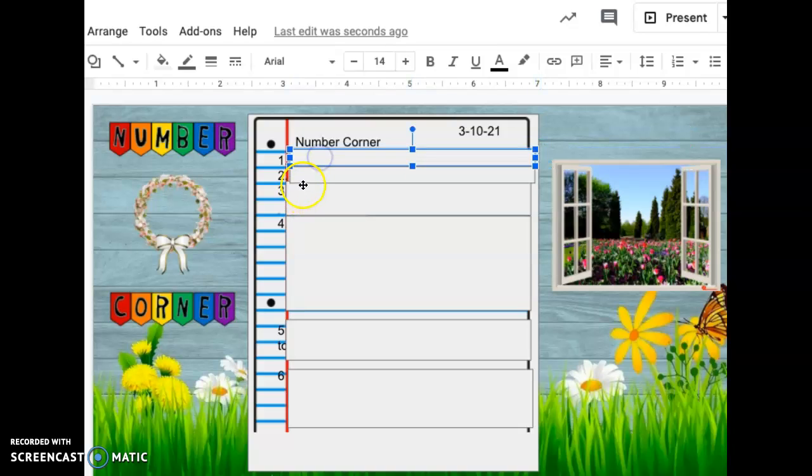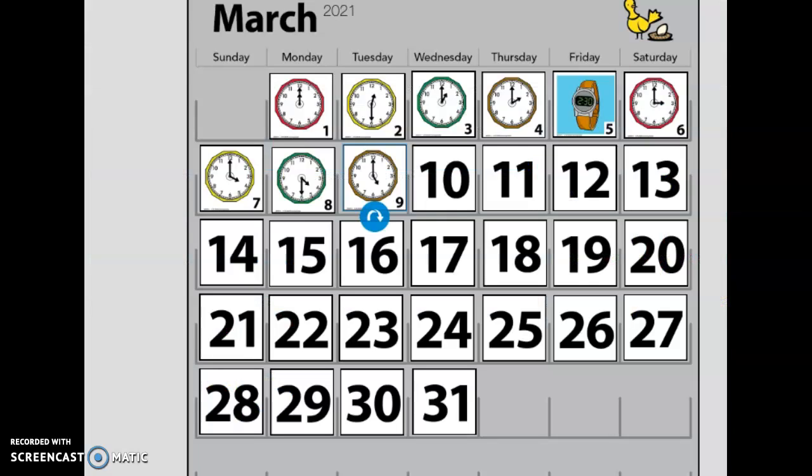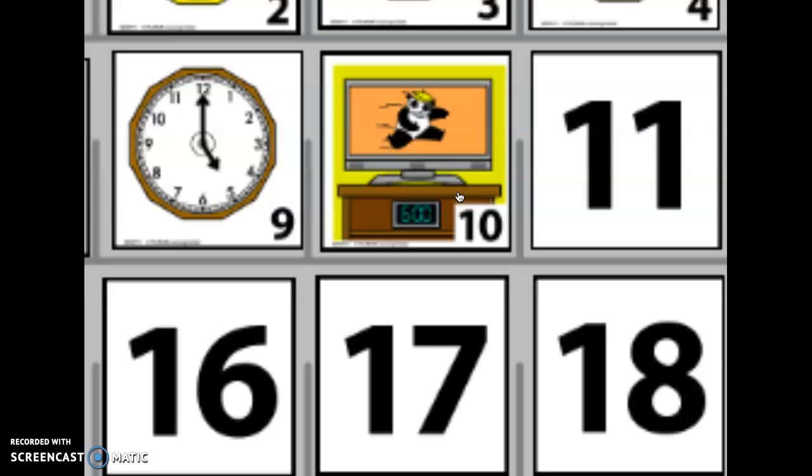All right, next to number 2, you are going to draw the actual clock. So I'm turning over today's card and you are drawing the actual clock, and I will zoom in for you.